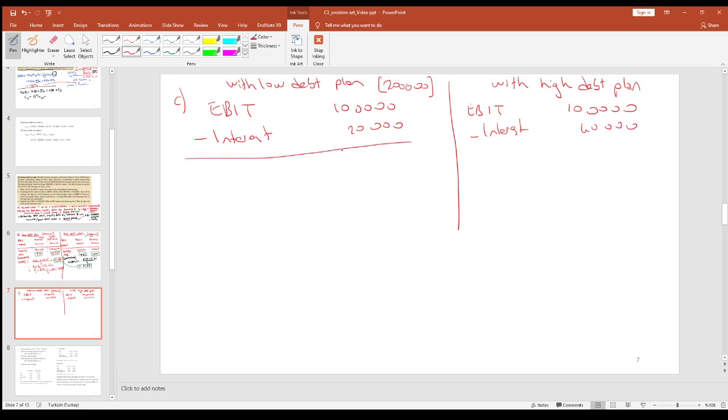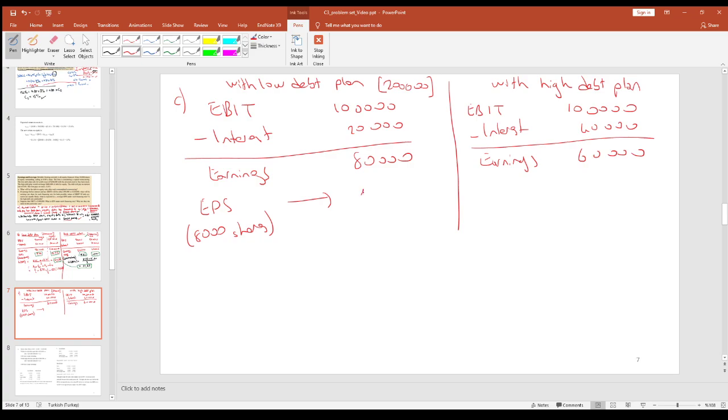So from here you are going to have $80,000 earnings, and here you are going to have $60,000 earnings. Let's calculate earnings per share. In this case you had 8,000 shares, and that's why earnings per share is $10 per share. Now in this case, remember you had 6,000 shares, so earnings per share will again be $10.